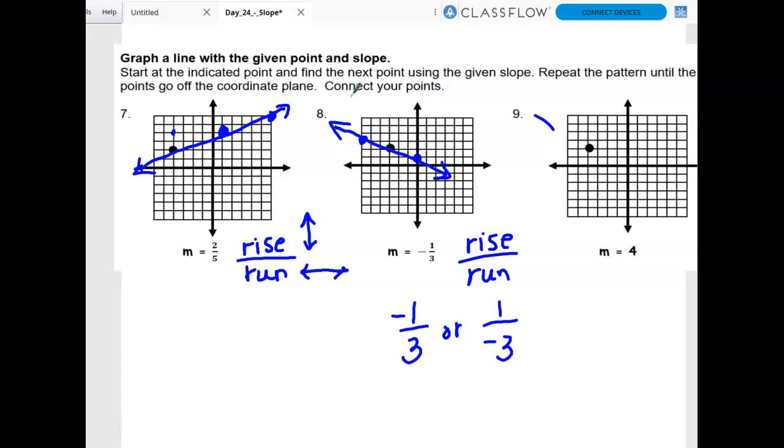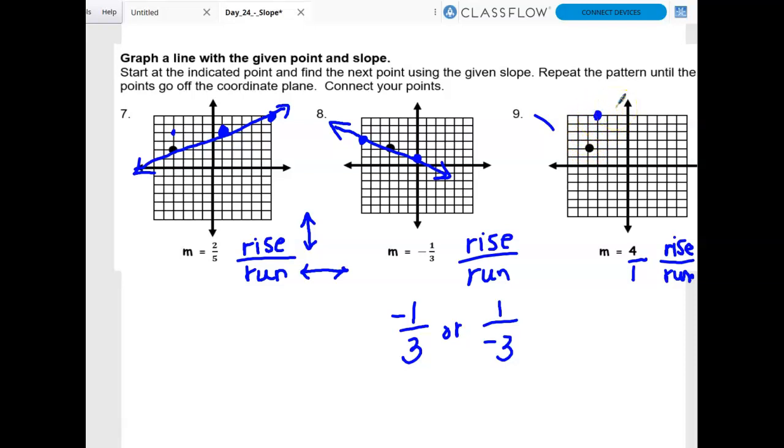Okay, so in number 9, our slope is 4. When you have a whole number slope, I recommend when you're graphing it, just put it over 1, okay? Because that helps you recognize the rise is 4 and the run is 1. So we're going to start at that point and we're going to rise 4, 1, 2, 3, 4, and run positive 1. There's our second point.